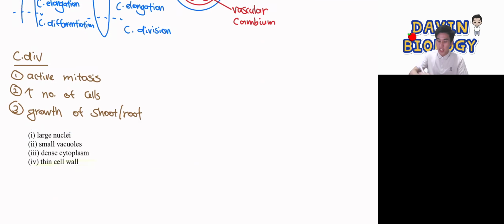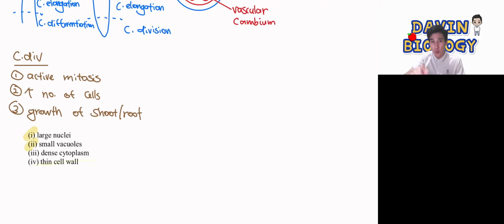Number 1, they have large nuclei. Their nucleus is big because the nucleus is the main part that controls mitosis. So it is big to control mitosis. The nucleus is very active, so it's large.